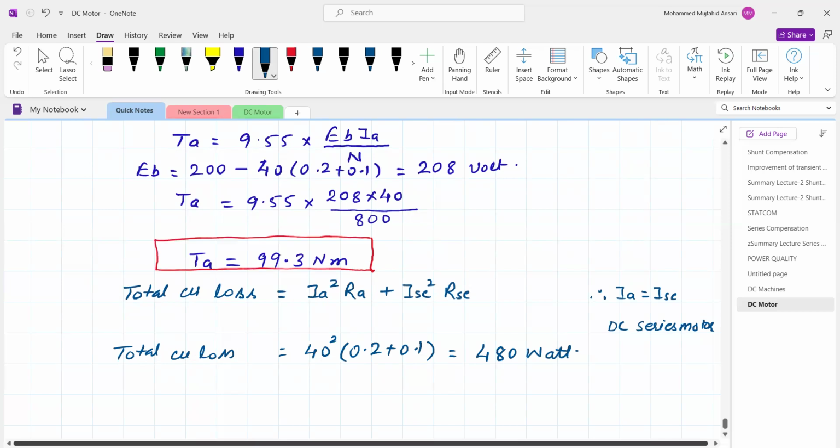Iron and frictional losses, or mechanical loss, are given as 500 watt.